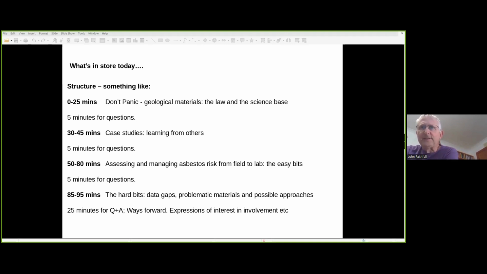The talk, or the workshop, is roughly in 4 bits. And what I'm proposing is to have a wee kind of break between those. So if you've got things you want to put into the chat questions, you can do that. If you want to go away and have a cup of tea and not miss anything, you can do that as well. And the exact timings are flexible, but hopefully at the end we'll have something like half an hour where we can get together and talk about this, because that's really the key thing that's going to make good outcomes happen.